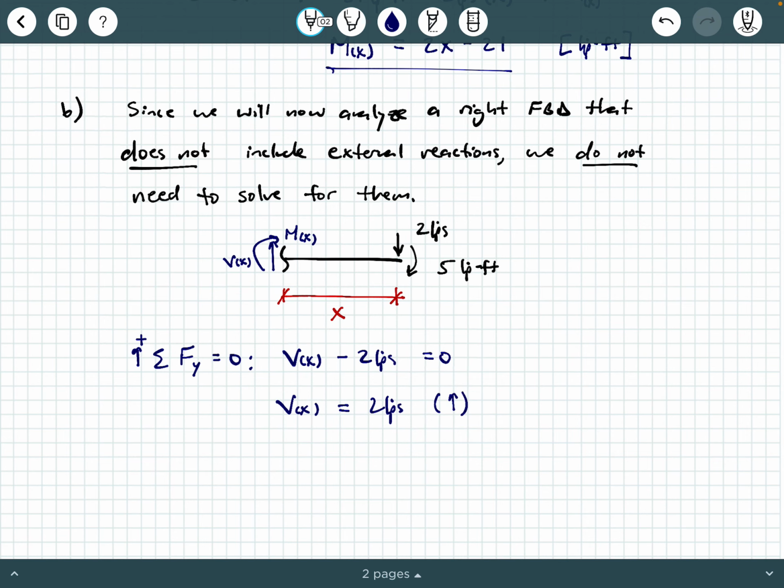Notice that's the same magnitude and opposite direction as the shear force from part A. Then sum of the moments about the cut equals 0, counterclockwise positive: negative 2 kips times x, minus 5 kip feet, minus M as a function of x equals 0.